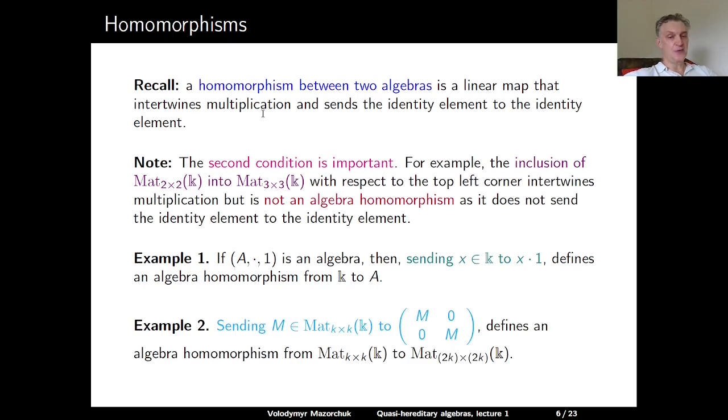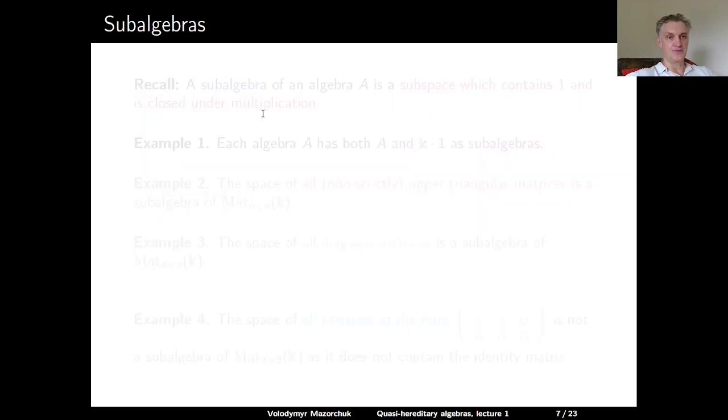If we have the algebra of K times K matrices over K, there is a natural homomorphism from this algebra to the algebra of 2K times 2K matrices over our field, which sends a matrix M, which has size K times K, to the matrix (M, 0; 0, M). So we repeat M twice on the diagonal. The new matrix has the size 2K times 2K. That's also an algebra homomorphism.